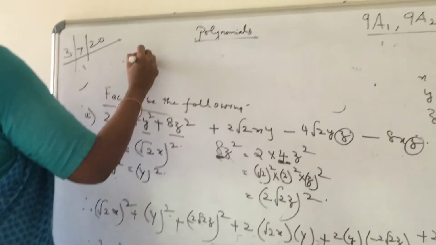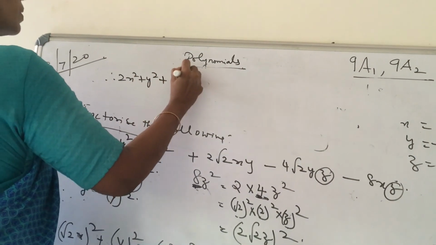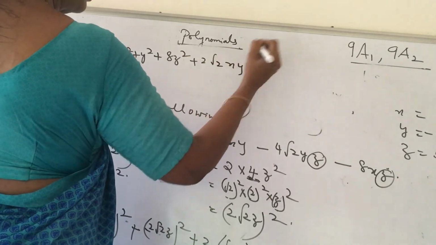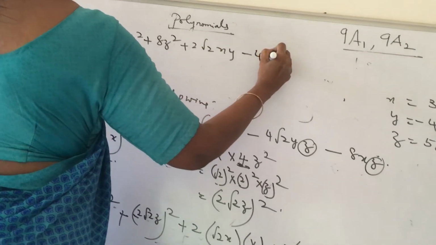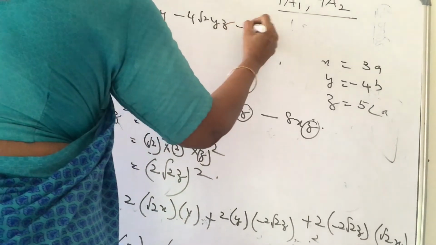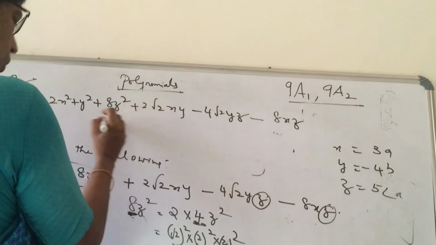Therefore, 2x square plus y square plus 8z square plus 2 root 2xy minus 4 root 2yz minus 8xz is equal to, what is the first term, children?